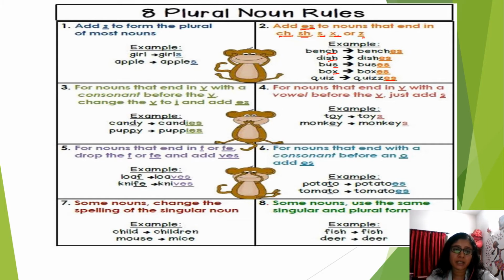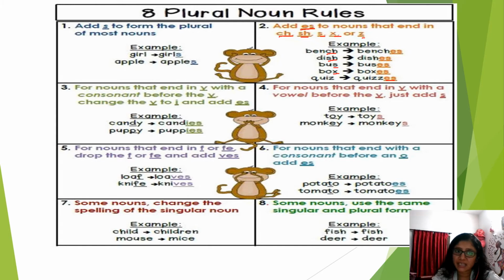Now rule number 3: for nouns that end in y with a consonant before the y, change the y to i and add es. So they are telling us if the word is ending with y and the letter before that y is a consonant. Now we have already discussed vowels and consonants many times when I was introducing you to the articles.